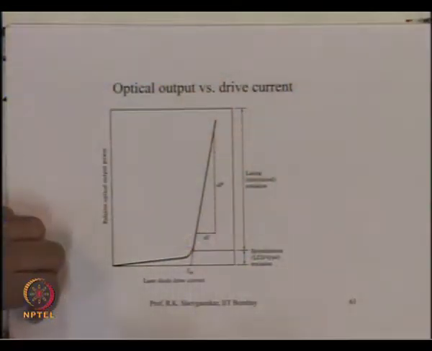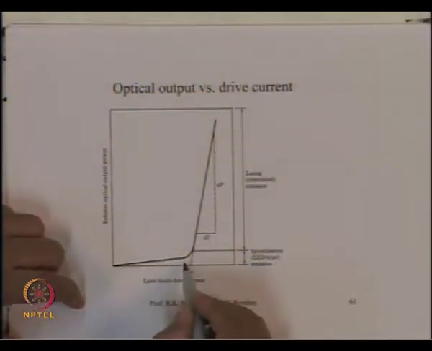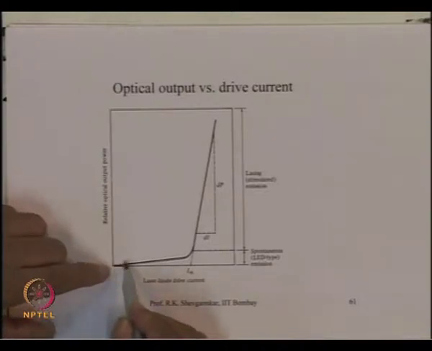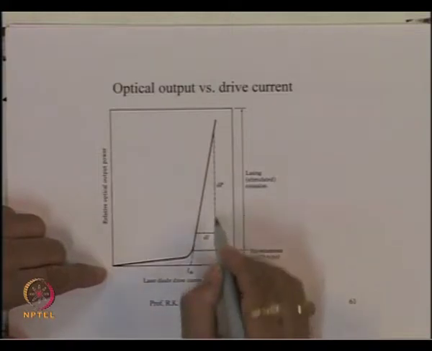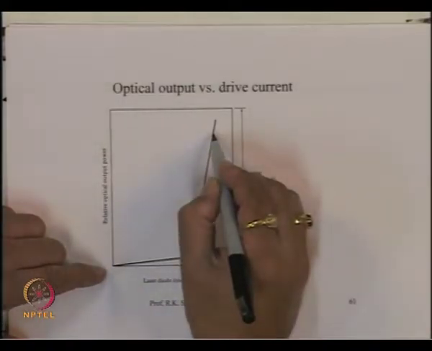Whereas, when we go to the laser diode here, we have a sudden break at this point, or an action which is more like a switching action. If the current is less than the threshold value, I have very low optical power, something like this, and if I have a current which is more than the threshold value, then we have an optical power which is very large, suddenly here.